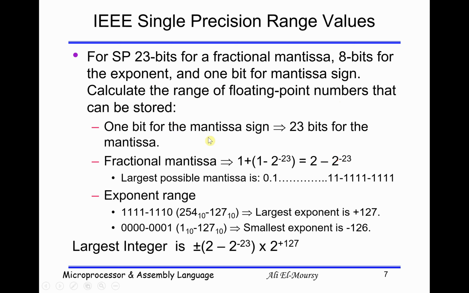To calculate the largest number, I expect the largest mantissa, which has 23 bits all equal to ones. And don't forget that we have to add 1 to it. So this number has the value shown in this equation.